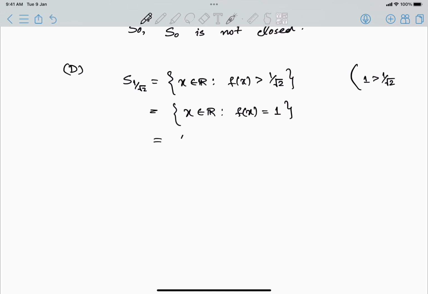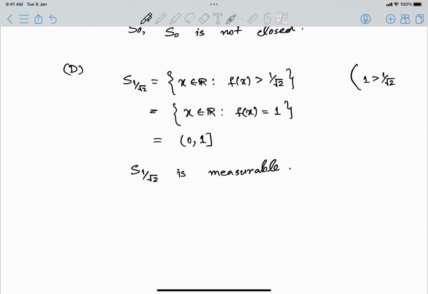So this set will be open 0, closed 1. So this is again measurable. Right. So this set is measurable.